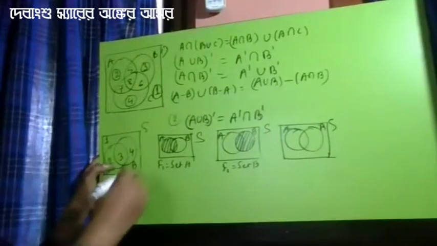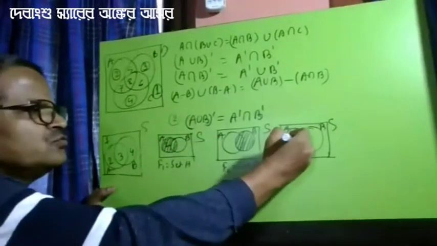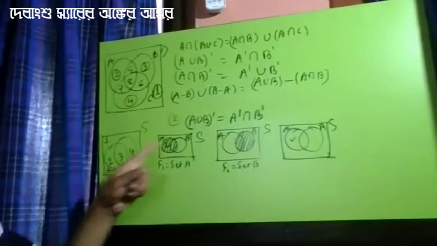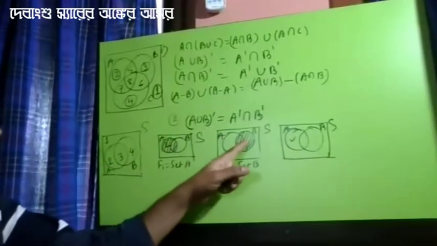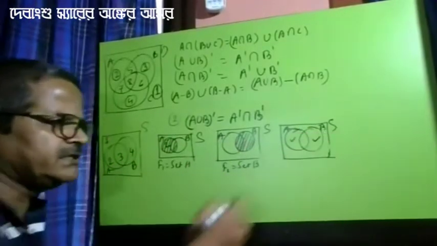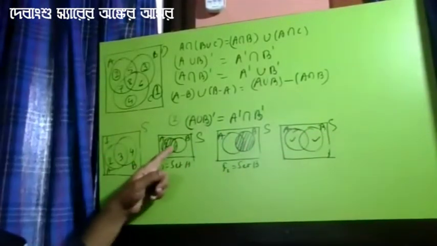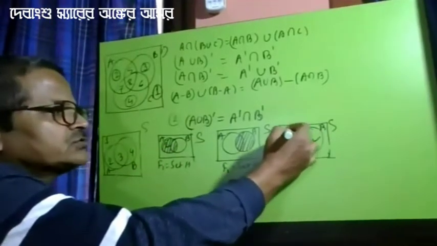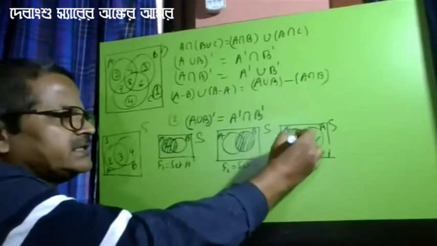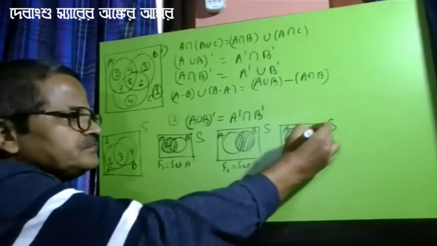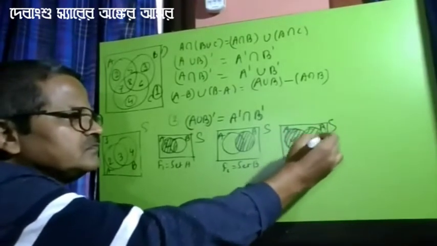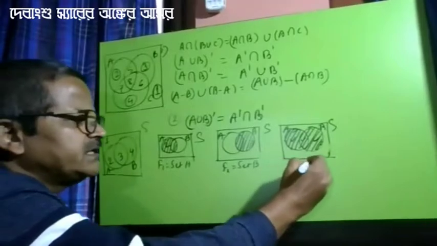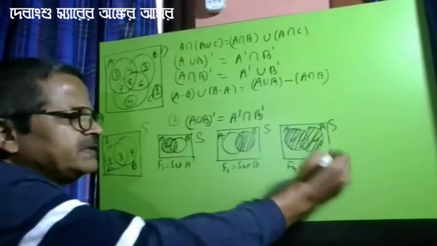Portion 2 is there, so 2 will be in my union. 4 is not in this diagram, but in this diagram, so 4 will be there. 3 is in both diagrams, so 3 will be there. So the union will look like this. So F3 represents A union B.